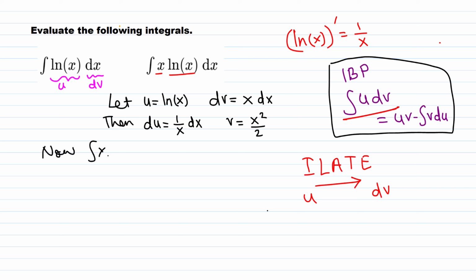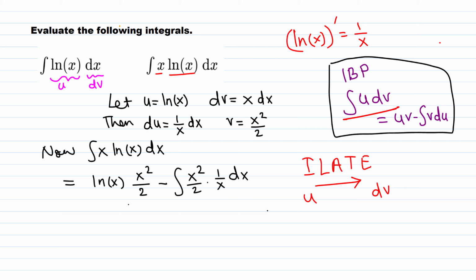This integral, x natural log of x dx, is u dv, and u dv equals uv minus the integral of v du. So u is natural log of x times v, which is x squared over 2, minus the integral of v times du, 1 over x dx.